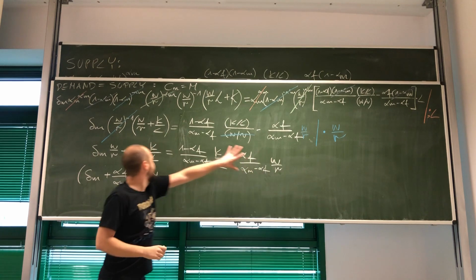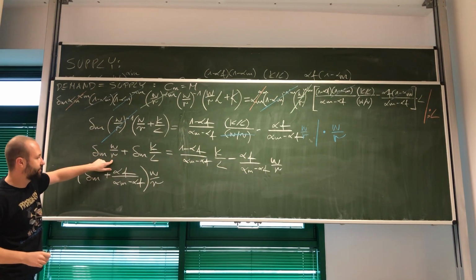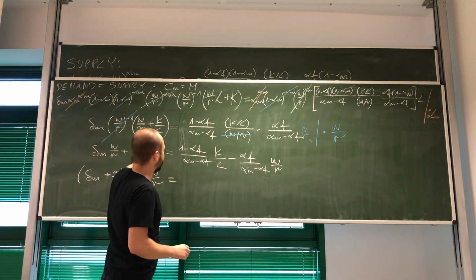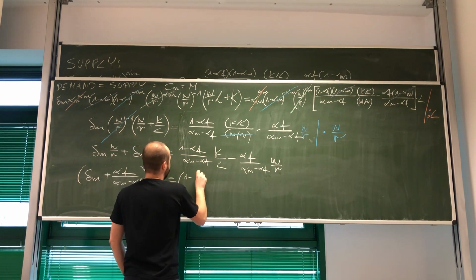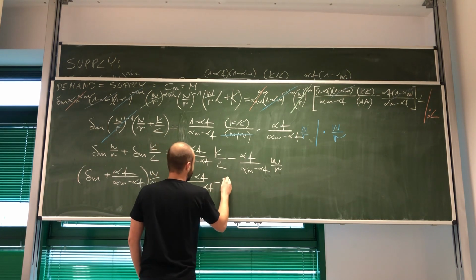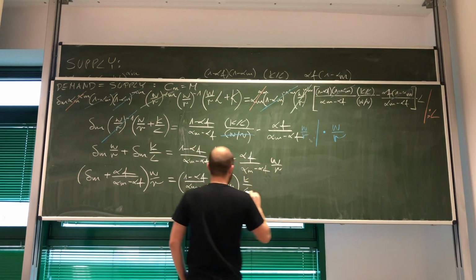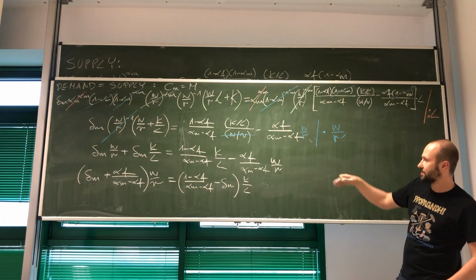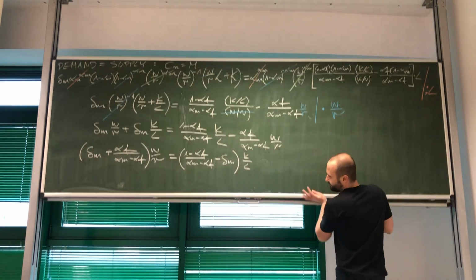I put this on the other hand side of the equation, and I took the common part, W over R. Okay, and now I'm gonna put this part on the other hand side of the equation, and as a result I'm obtaining 1 minus alpha f over alpha m minus alpha f minus delta m times K over L. Because again, I've taken the common part out, which is capital to labor ratio. Okay.